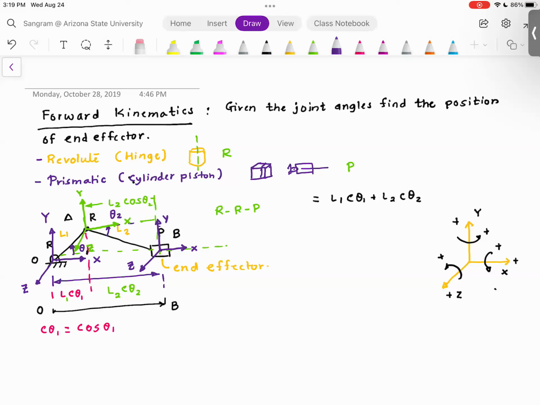And the biggest advantage of that is, let me call this X1, Y1, Z1, X2, Y2, Z2, X3, Y3, Z3. Since my Z1, Z2, Z3 are aligned, X1, X2, X3 are aligned, Y1, Y2, Y3 are aligned, that simplifies the computation.